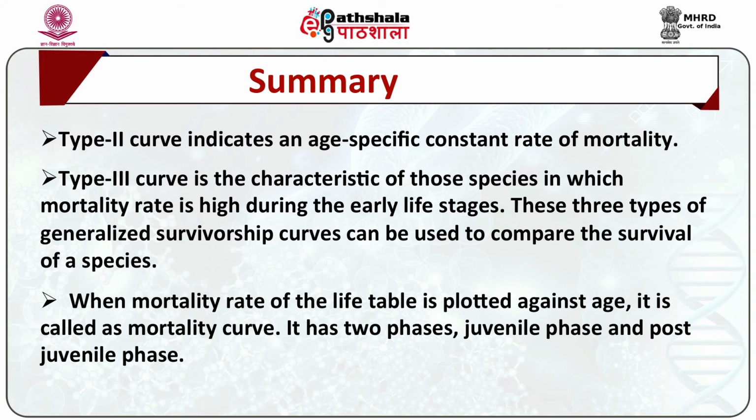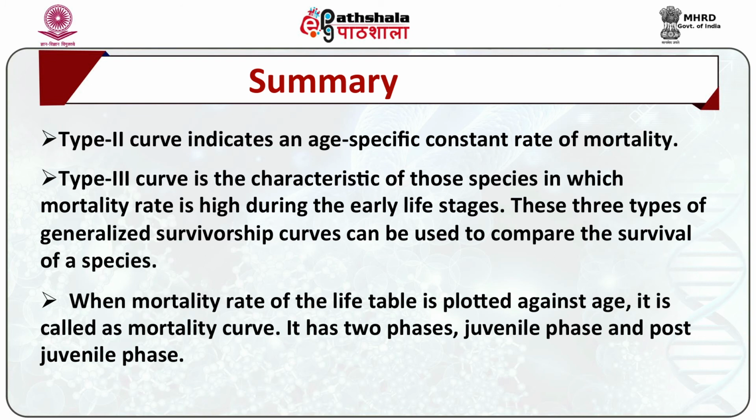Type 3 curve or concave curve is characteristic of those species in which mortality rate is high during the early life stages. These 3 types of generalized survivorship curve can be used to compare the survival of a species.